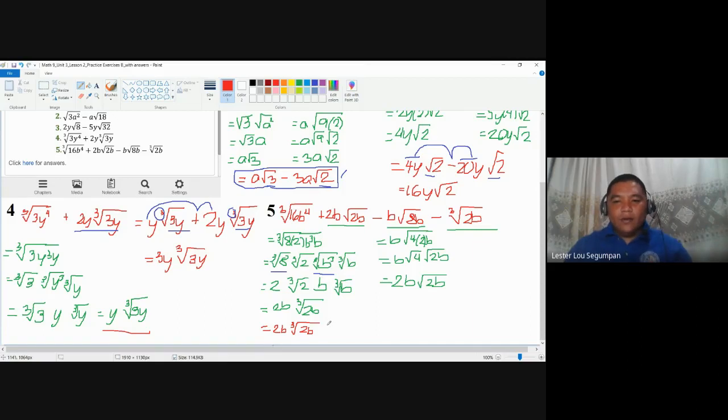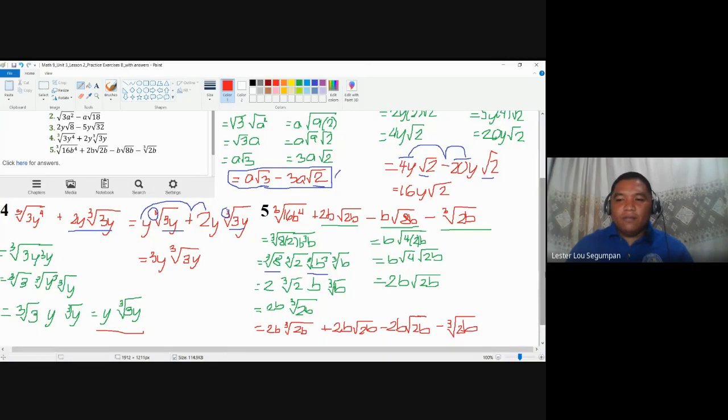And then we have here plus 2b square root of 2b minus the value of this, which is 2b square root of 2b. And finally, you have minus cube root of 2b.